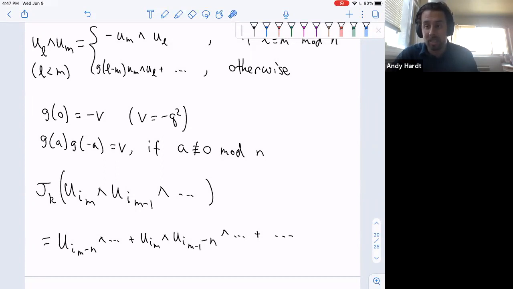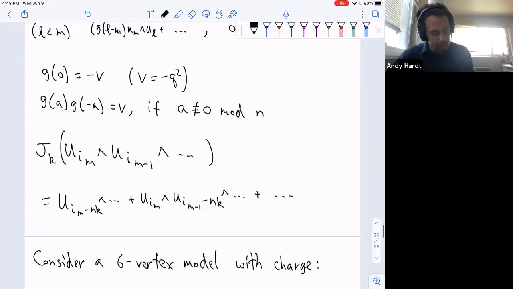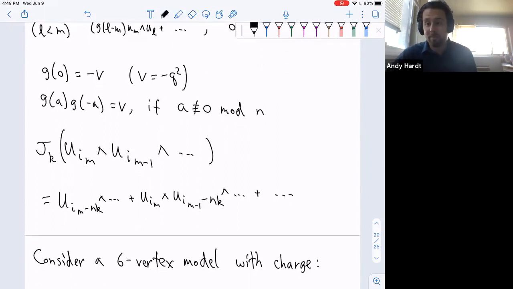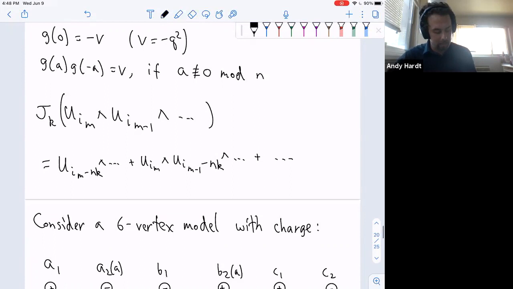And so if we want to go to another power of z, we just skip over n spots. So that's why the J_k is doing it. It's actually multiplying by some variable z. So these should say nk. And okay, so if you want a better exposition of that, you should go back and look at Dan's talk or his notes, because he said a lot more about it.